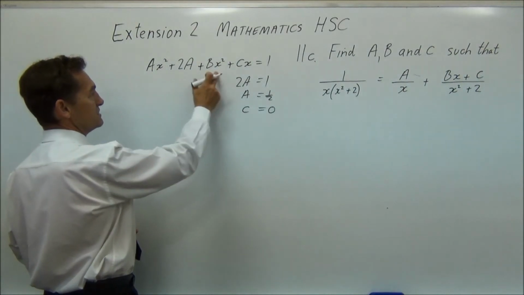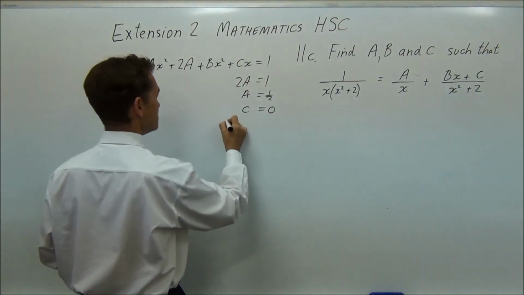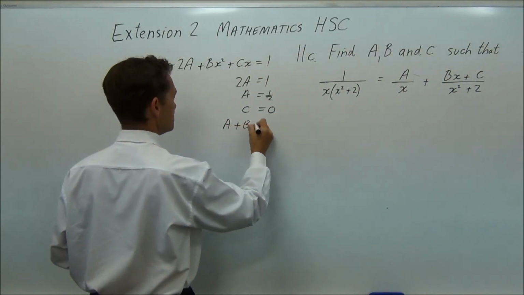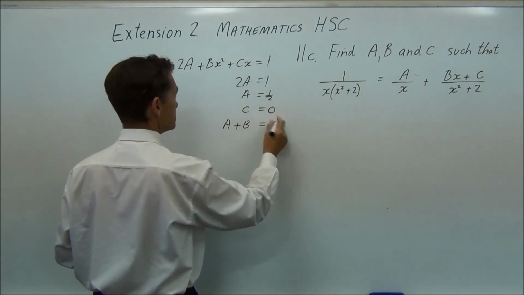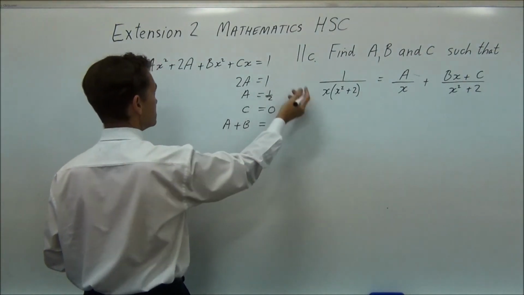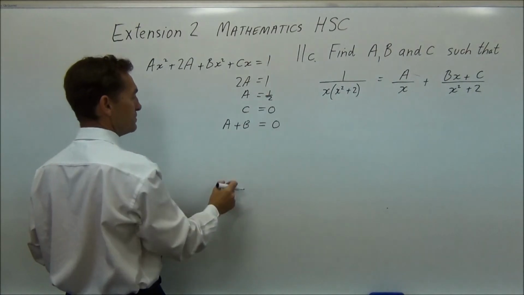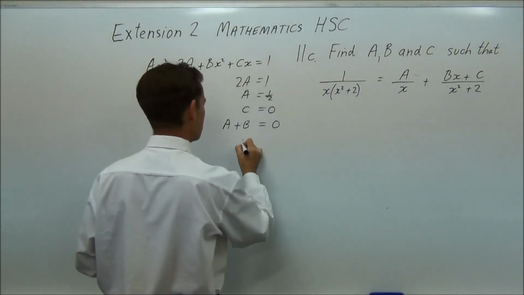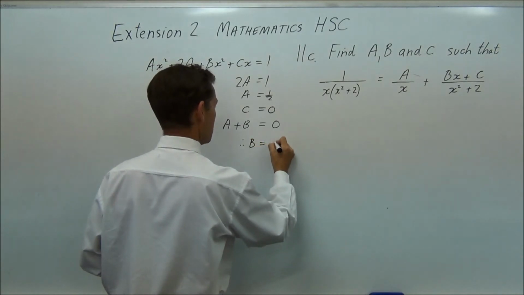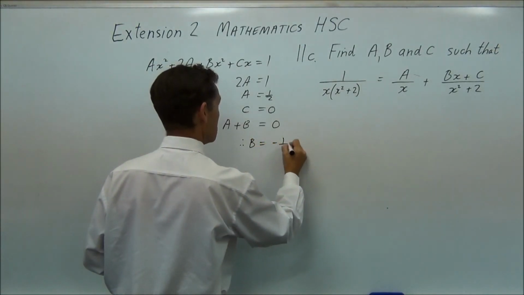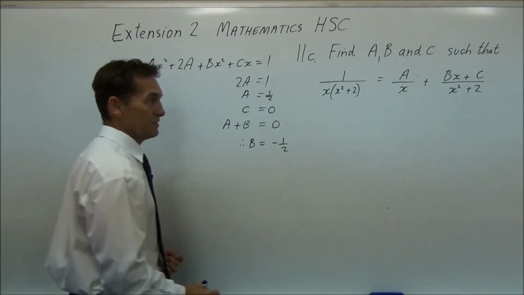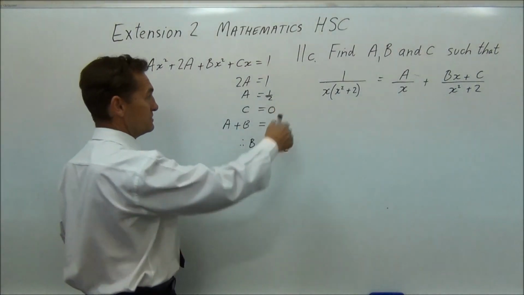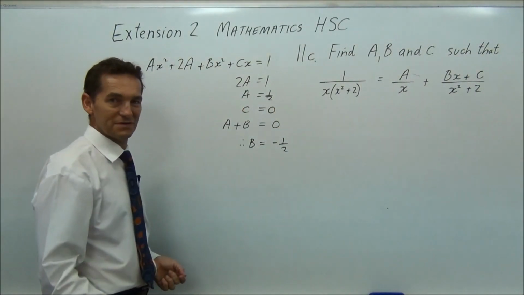Now x squareds, there's no x squareds on this side, so you've really got a plus b must equal 0, so that plus that must be nothing. You've already figured out what a is, so you know what b is, so therefore b equals minus a half. So you've got it, find a, b and c. There you go, you're done.